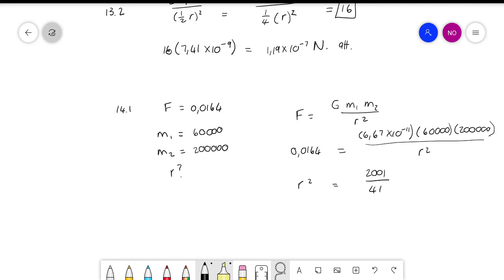En onthou dan om die vierkant wortel te kry. Let's check that I didn't mistype something. Good.